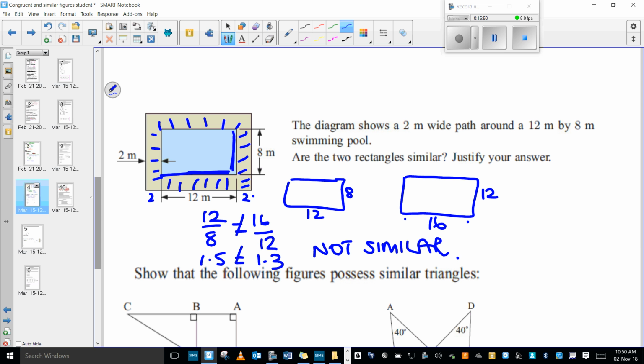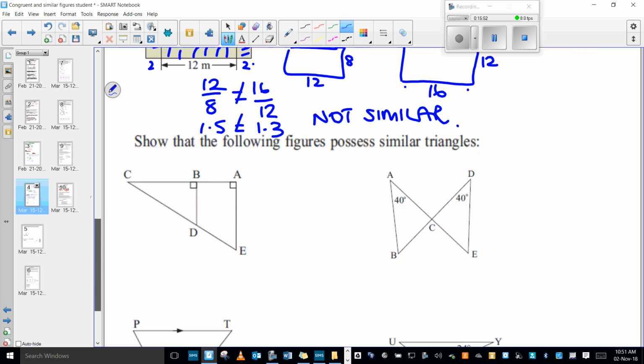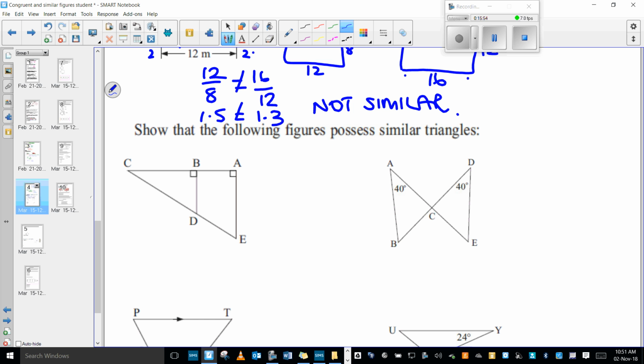Right, show that the following figures possess similar triangles. And so we would show our two triangles with our labels on our vertices. So this first one is ABC. What would our big triangle be? CDE.